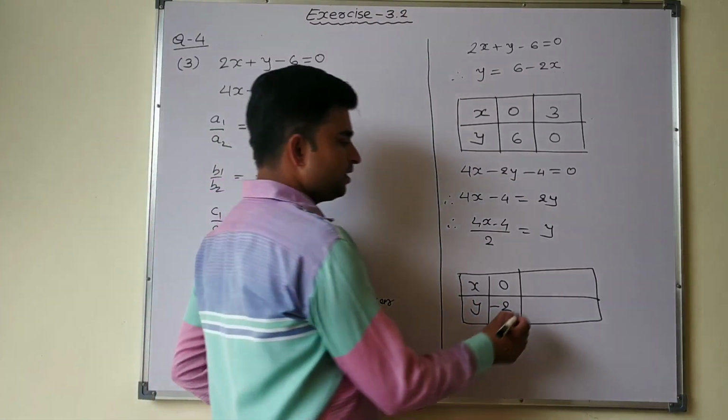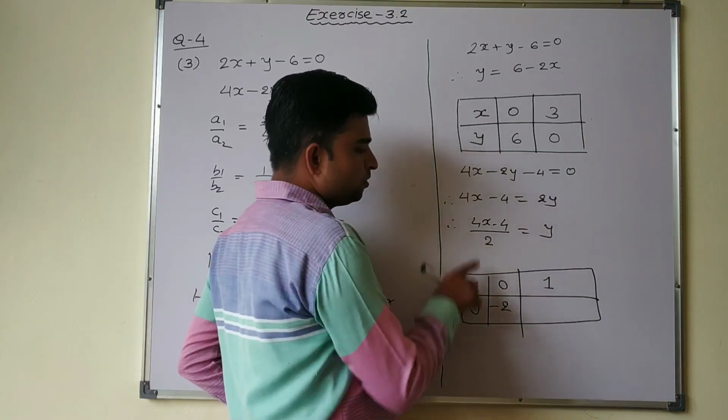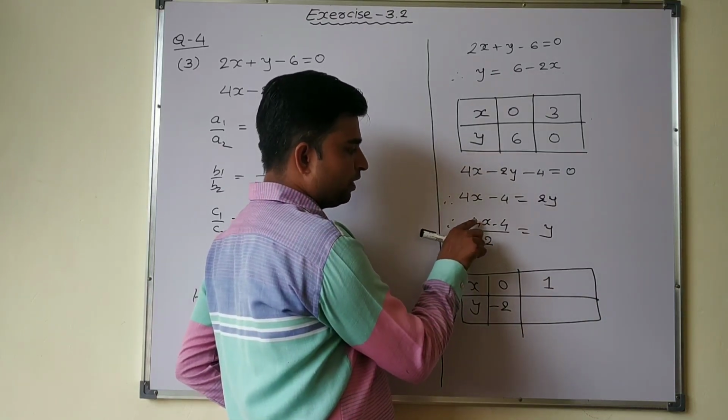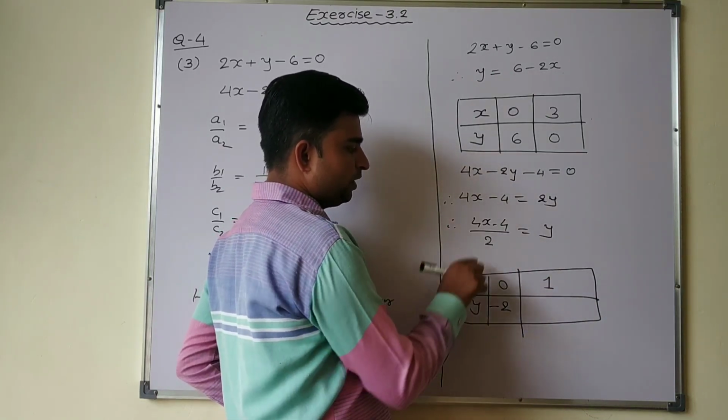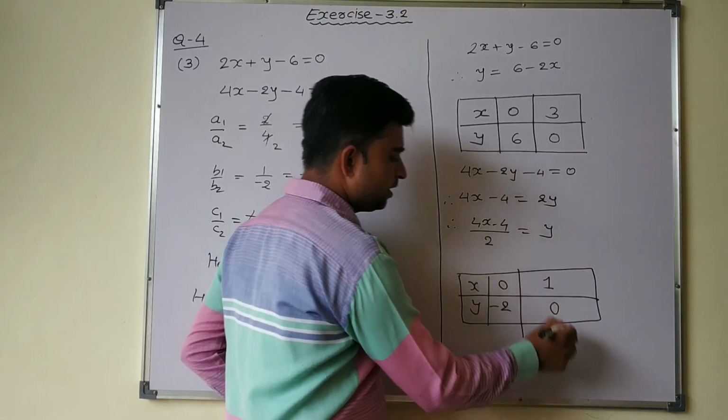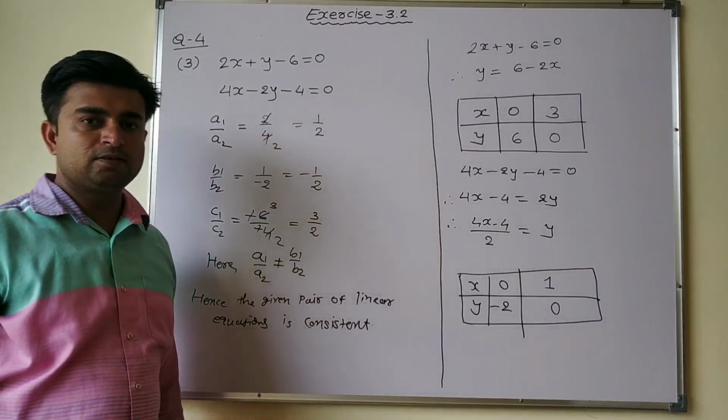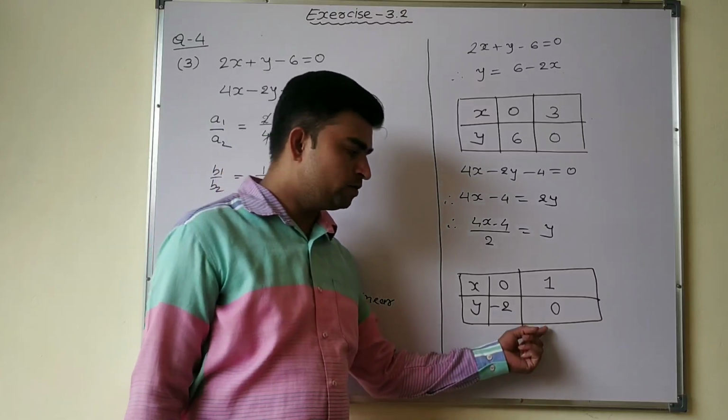If we take x equal to 1, it becomes 4 1s are 4, and 4 minus 4 is 0, and 0 upon 2 is 0. So x equal to 1, then y is equal to 0.